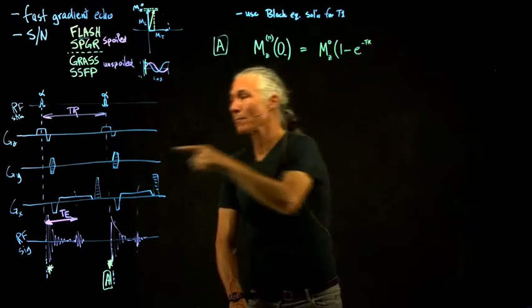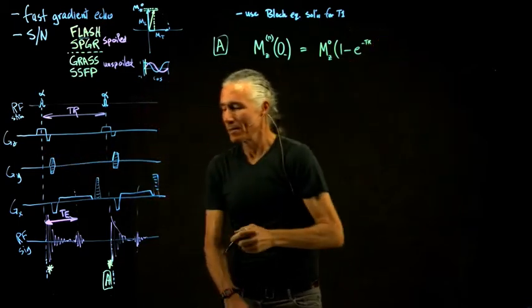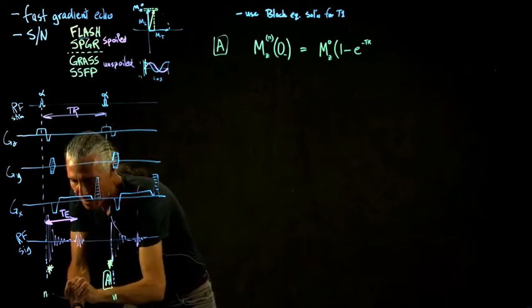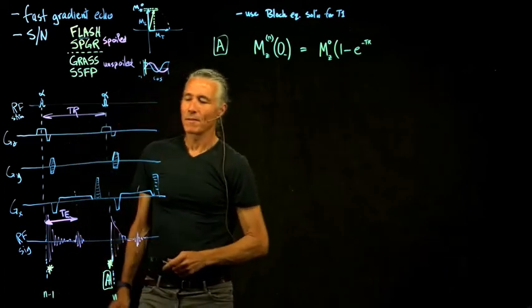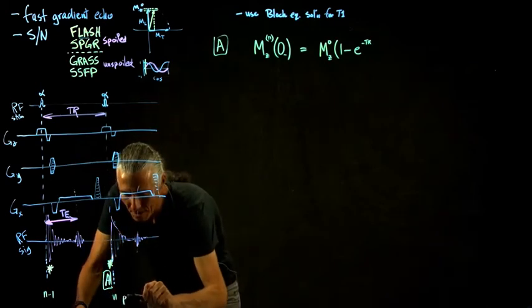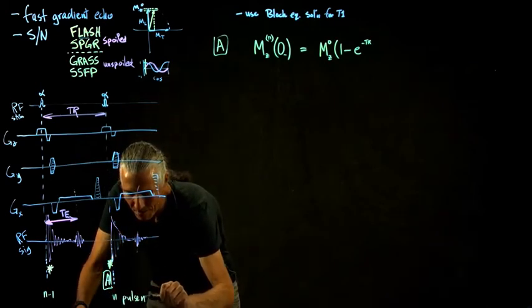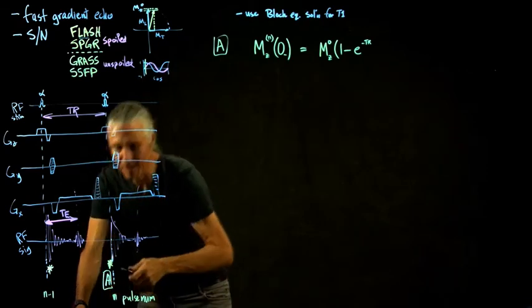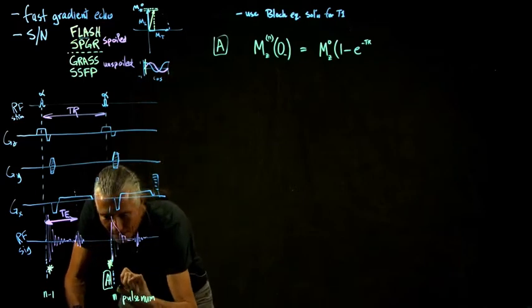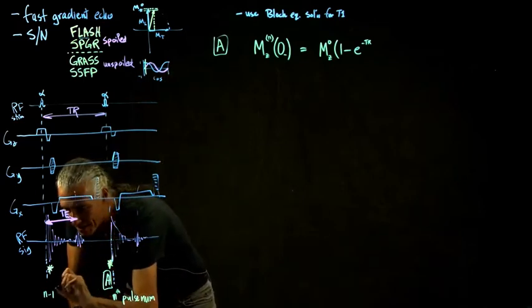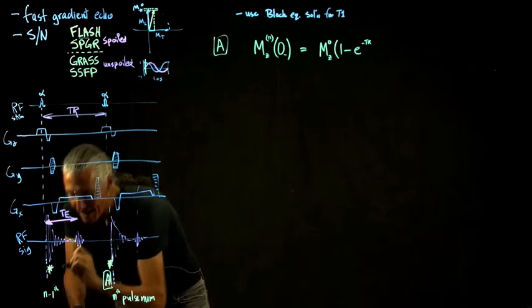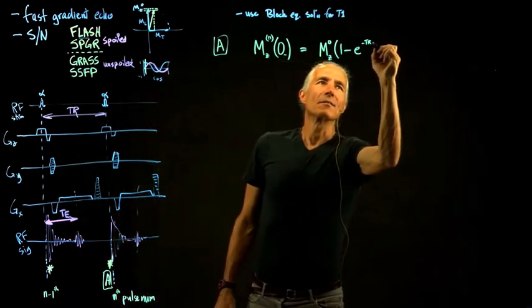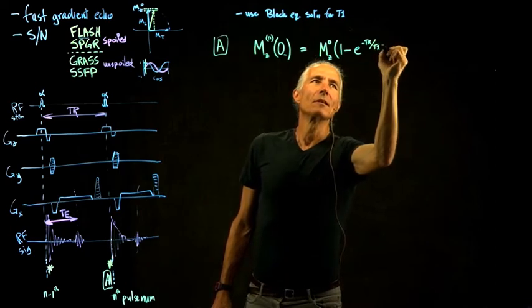So we recovered from the previous pulse. This is the nth pulse, and this is the n minus 1th pulse. I didn't put that in last year. It's clearer.